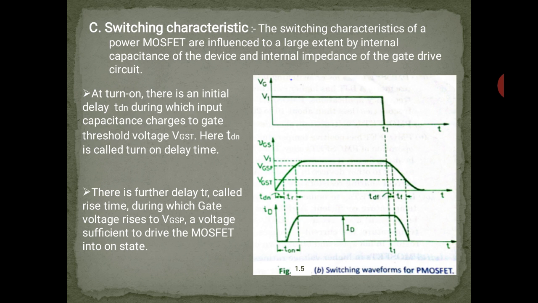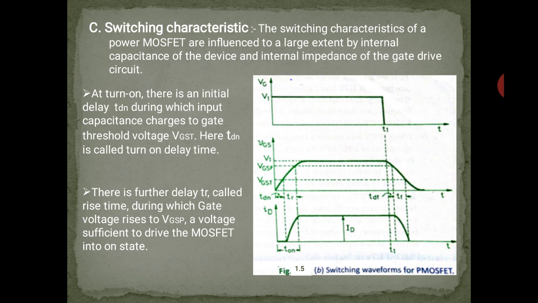As MOSFET is a majority carrier device, turn off process is initiated by removal of gate voltage at time T1. Turn off delay time TDF is the time during which input capacitance discharges from overdrive gate voltage V1 to VGSP.